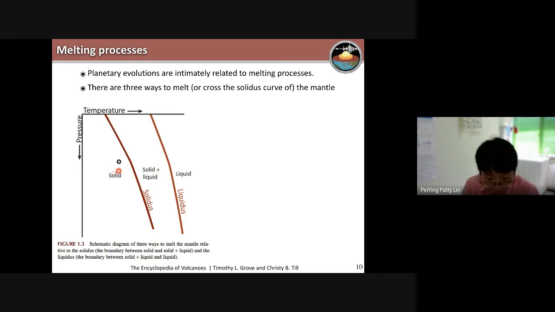If we are going to melt this solid rock, there are three ways. The first way, I bet, comes to your mind immediately: raising the temperature. If you raise the temperature, the solid rock crosses the solidus and you melt the rock.